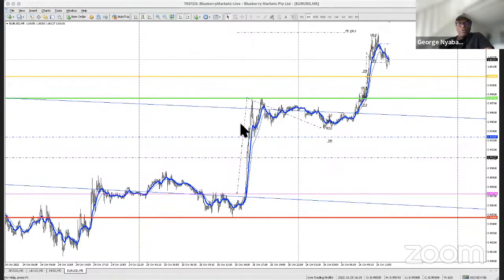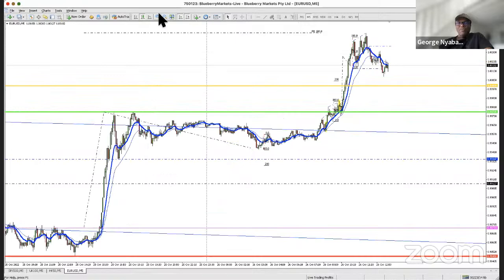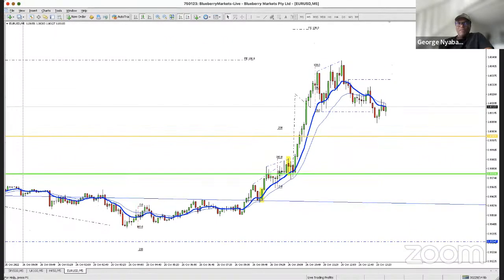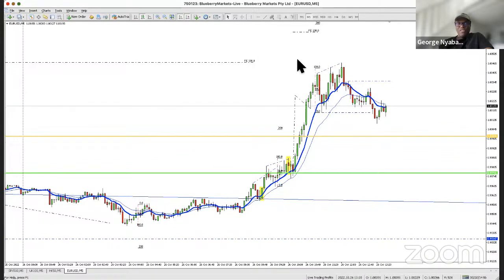And what you can do, you can just go up to the daily. Okay, so in this area, we also have that potential measured move that we showed from yesterday.